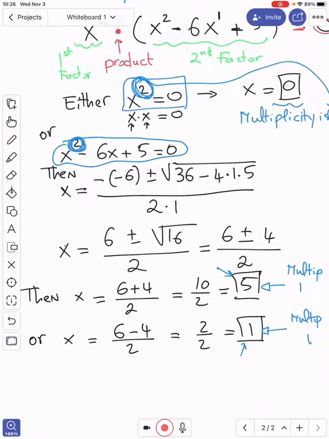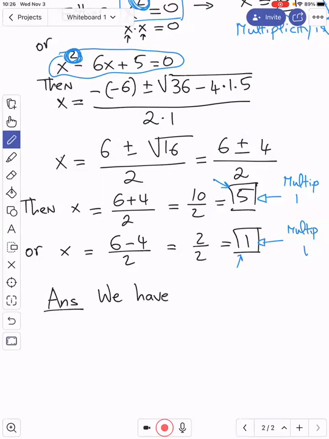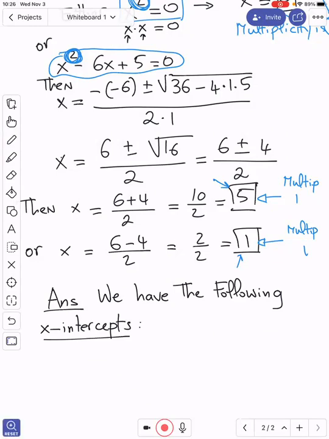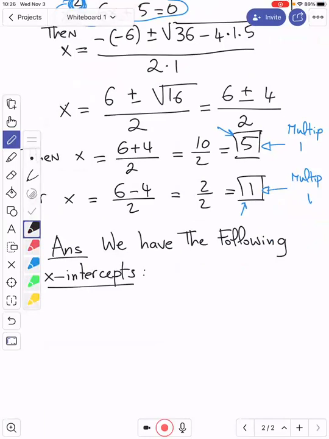All right, so the answer here. We have 3 x-intercepts. First we got the 0, and the multiplicity of 0, we said, is 2.